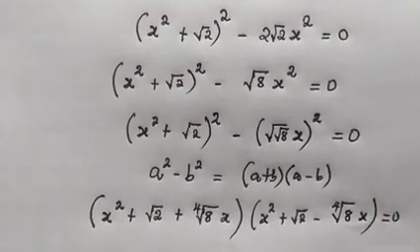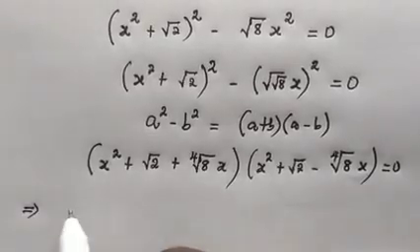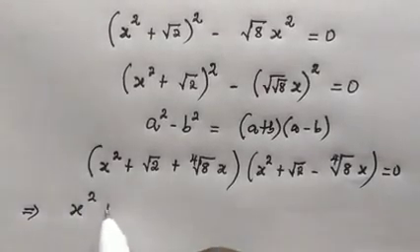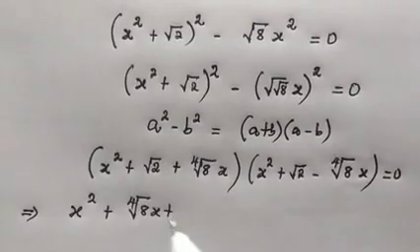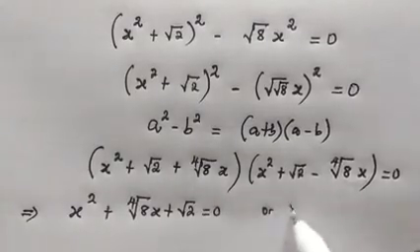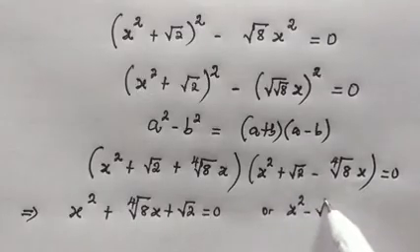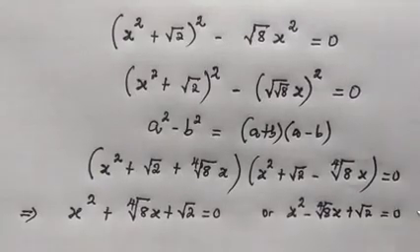So this is equal to 0. So we have two quadratic equations to solve. We have x squared plus the 4th root of 8 x plus the square root of 2 equals 0. We also have x squared minus the 4th root of 8 x plus square root of 2 equals 0.